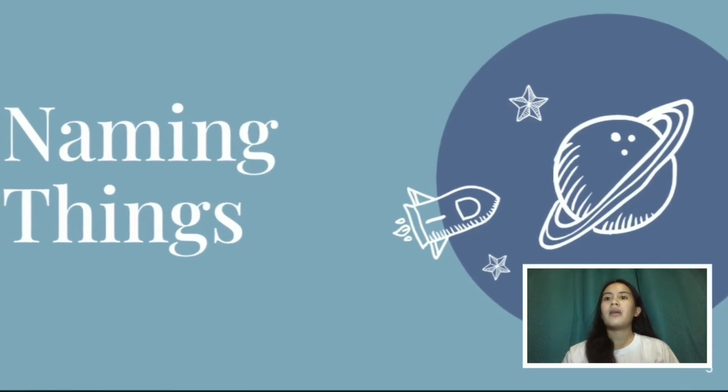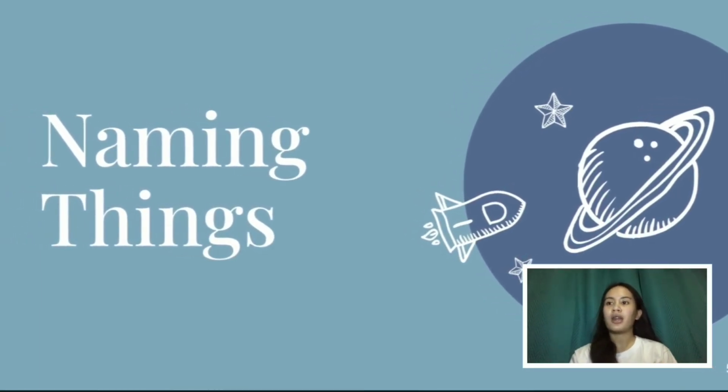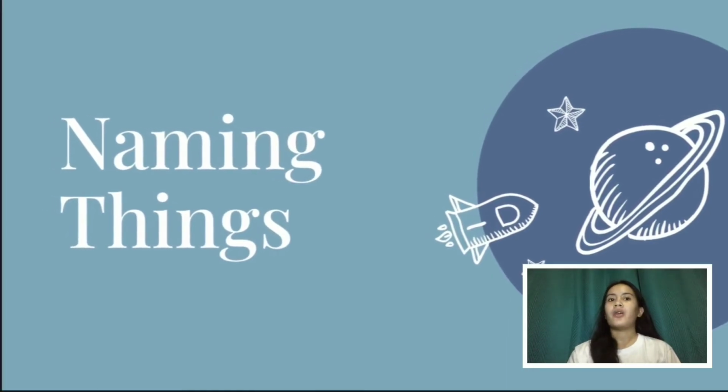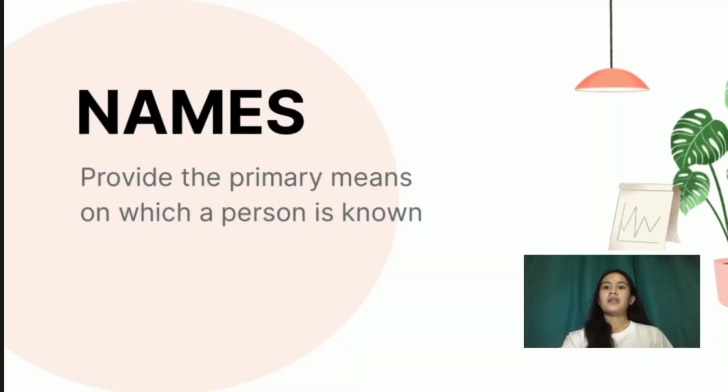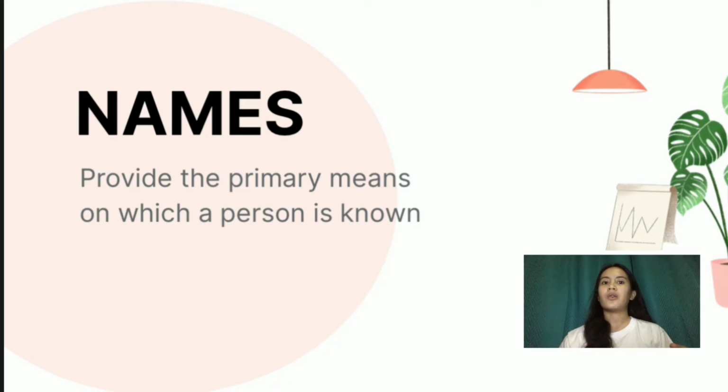Now, naming things. Aside from language, we also have naming things as a power. A name is originally defined as something that provides the primary means by which a person is known, and that is also applicable to some things, like strange events or an unusual thing that hasn't been given a name yet, for example sexual harassment.